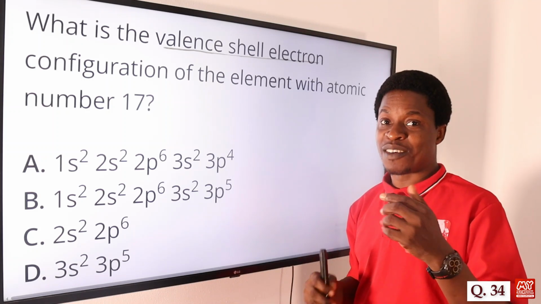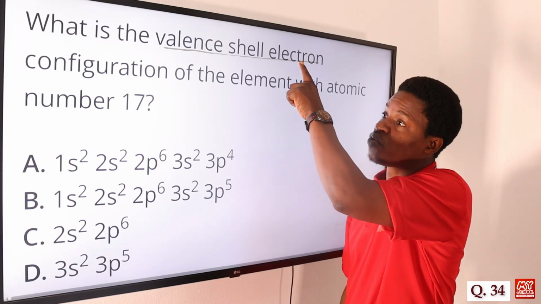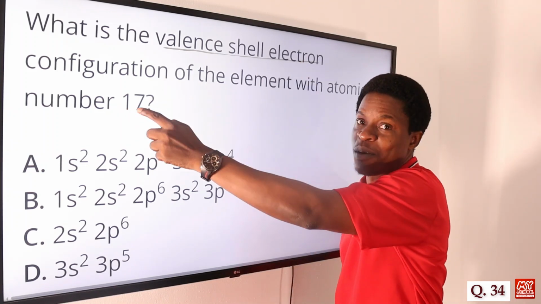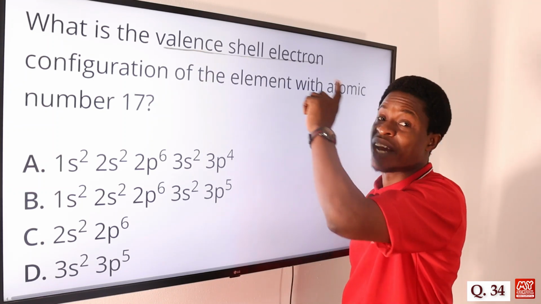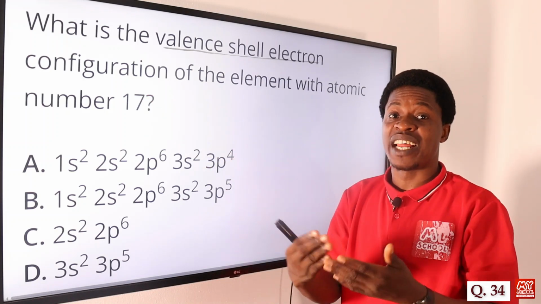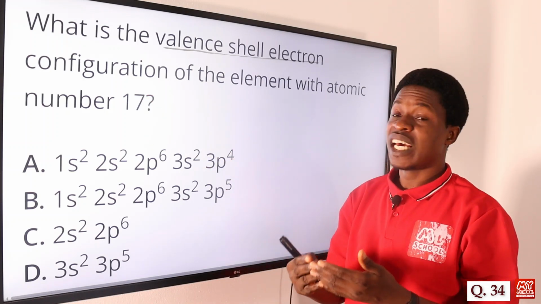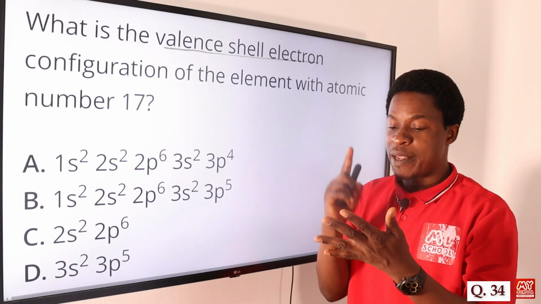Many students, because I've seen some students answer this question, went for the electron configuration of atomic number 17. That is not what the question says. It says valence shell electron, and they are not the same. When you talk about electron configuration, you are talking about how the electrons are arranged in orbitals, how they are configured in the s orbital, in the p orbital.